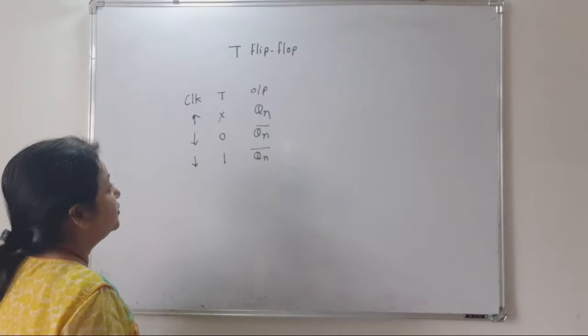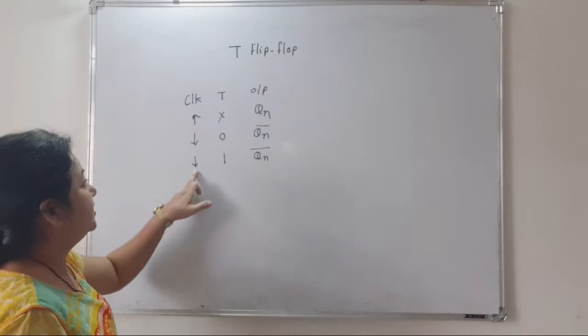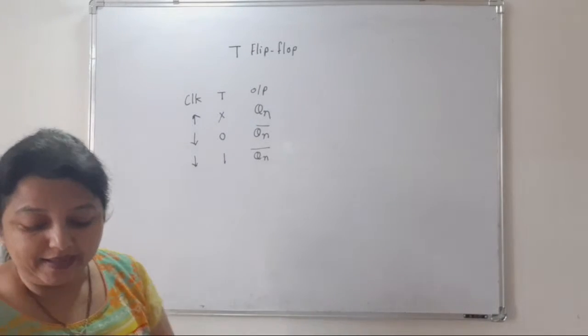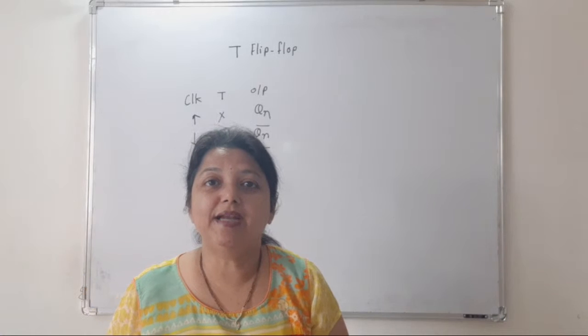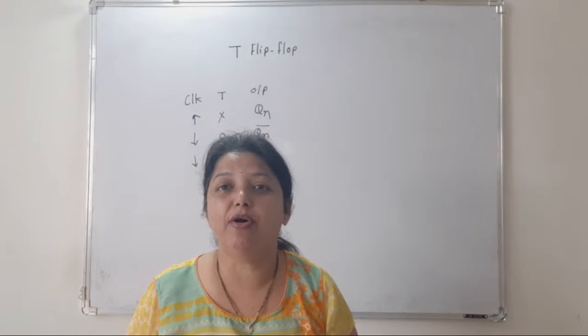This is also the right truth table. For that, listen, to understand the toggle flip-flop, I will just revise the JK flip-flop.